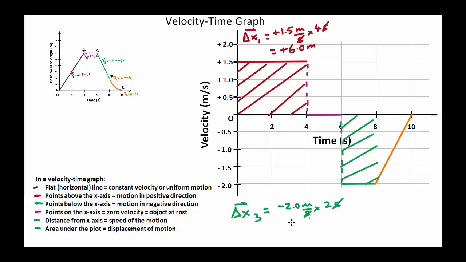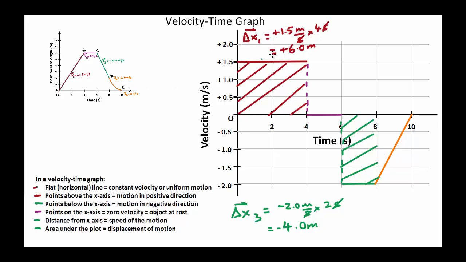So once again, the seconds cancel, and I get minus 4.0 meters, which corresponds to a displacement from 6 meters to 2 meters. Remember, displacement was final position minus initial position, and as we saw before, 2 minus 6 is minus 4. And what that tells us is that this object is moving in the negative direction, which in this case is in the southern direction by 4 meters, back towards the origin.